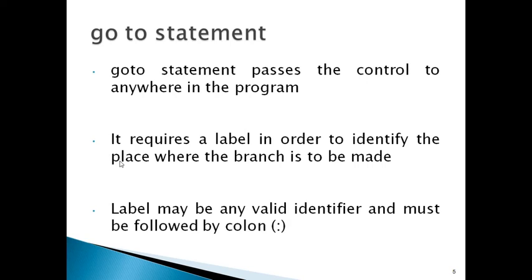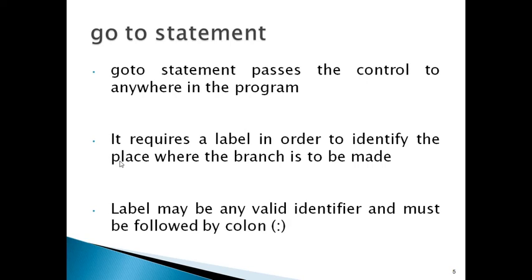It requires a label in order to identify the place where the branch is to be made. It is a direct, unconditional jump. Whenever the compiler reads the goto statement, it jumps without checking any condition or evaluating any expression. It jumps to the specified location.